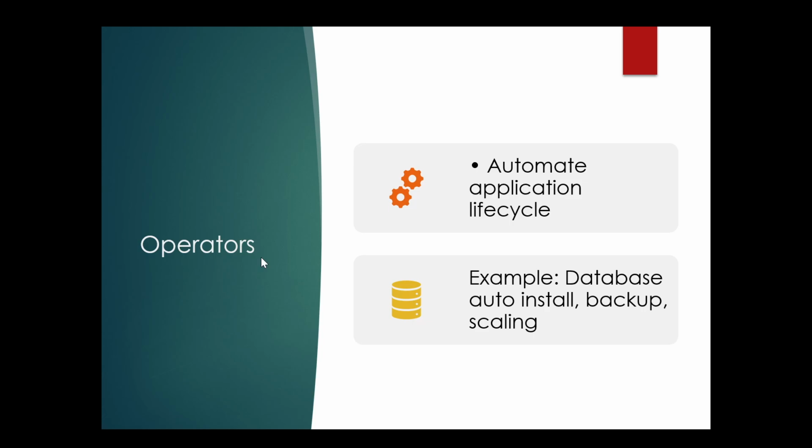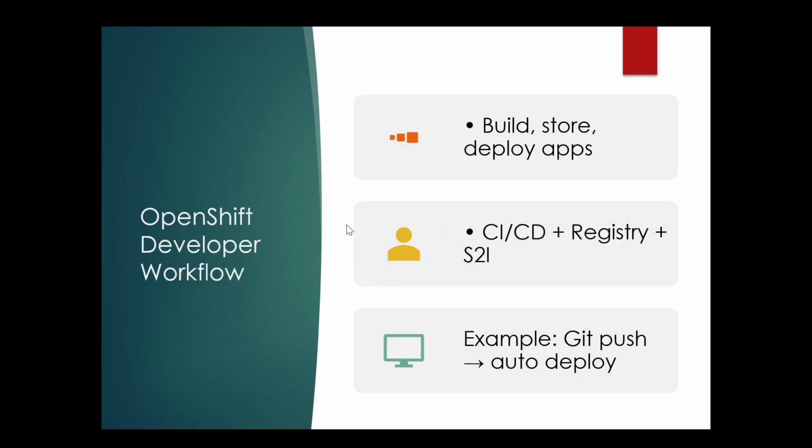The next one is operators. This basically automates the application lifecycle, for example database auto installation, backup, and scaling. All these can be imported as operators, which are like third-party updated ones. Now you also have the OpenShift developer workflow, where you can build, store, and deploy applications: UI, CI/CD pipelines, registry, and S2Is.